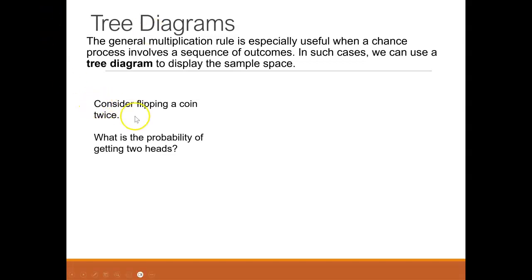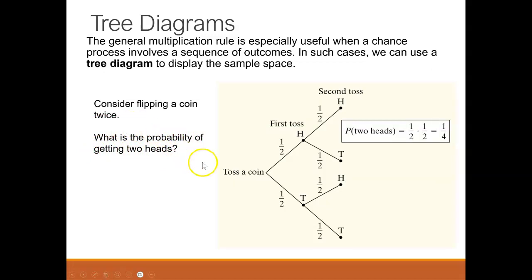So we're saying consider flipping a coin twice. We want the probability of getting 2 heads. Well, the first toss, I have a 1/2 probability of getting a head and a 1/2 probability of getting tails.